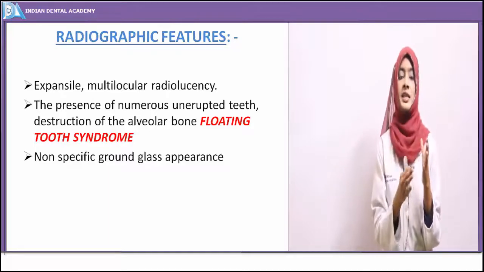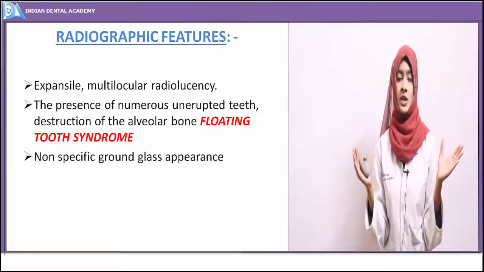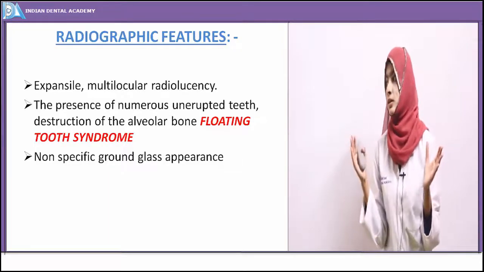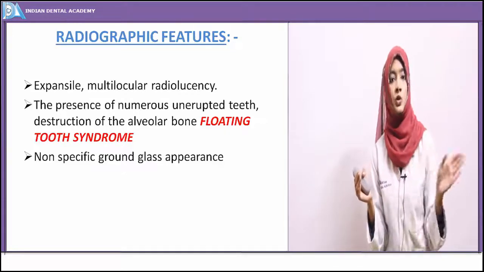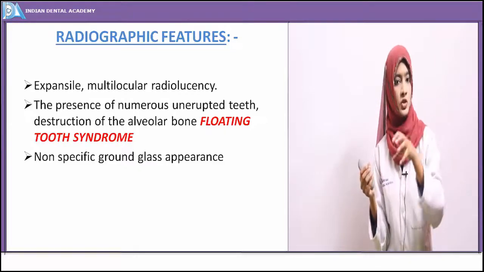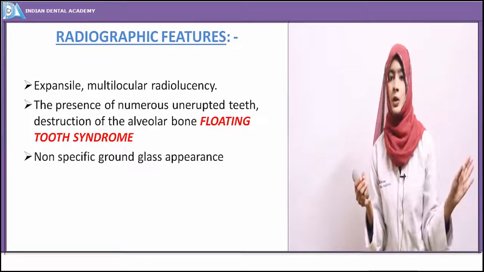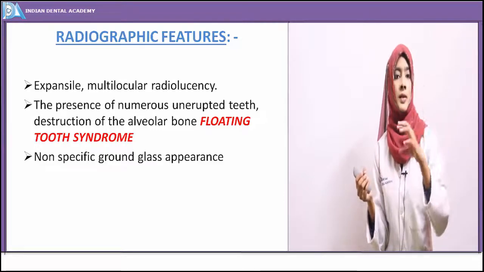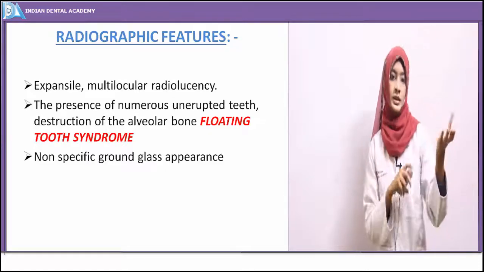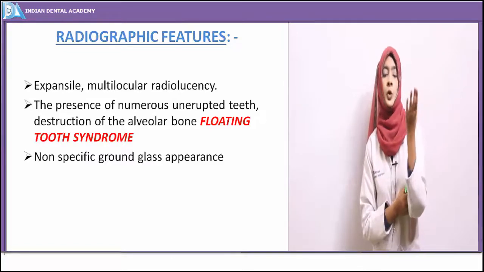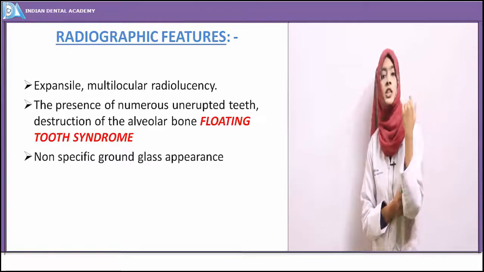That is, fibroblasts are contributing to this expansion. So radiographically you can see a lucent lesion with the presence of teeth. The whole of the alveolar bone appears lucent, and the presence of so many teeth in a lucent bone gives the appearance of a floating tooth syndrome.